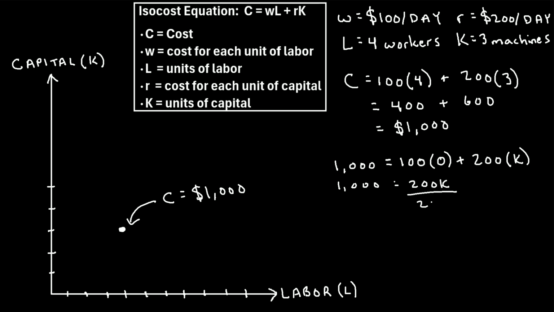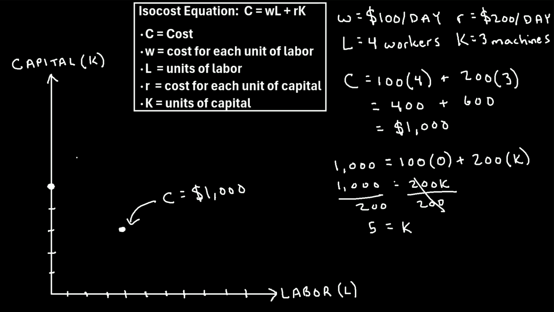To solve for K, we divide both sides by 200. So 1,000 divided by 200 is 5. So when labor is equal to 0, capital is equal to 5, which is right here.